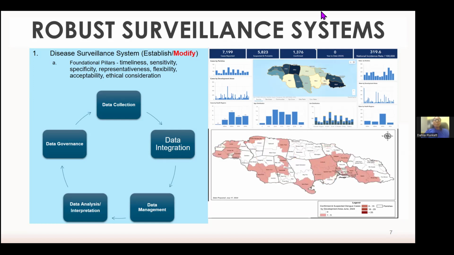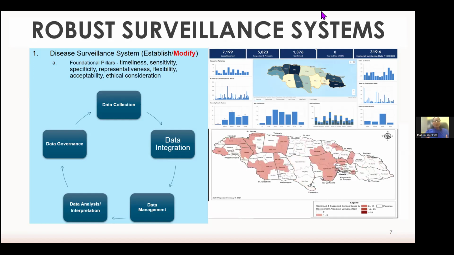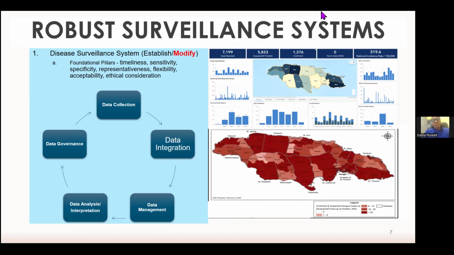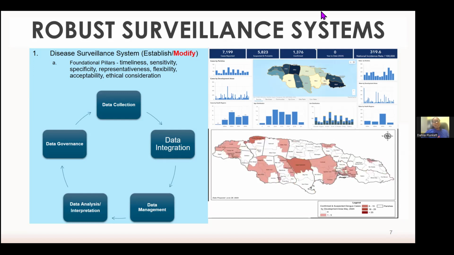So there are different data that may be coming from different areas, and so there has to be a way to integrate that data. It might be, for example, a central place, but for many persons, that's a far or long process. But there has to be some way to allow for that integration so that we are able to look at the data in a much broader sense.